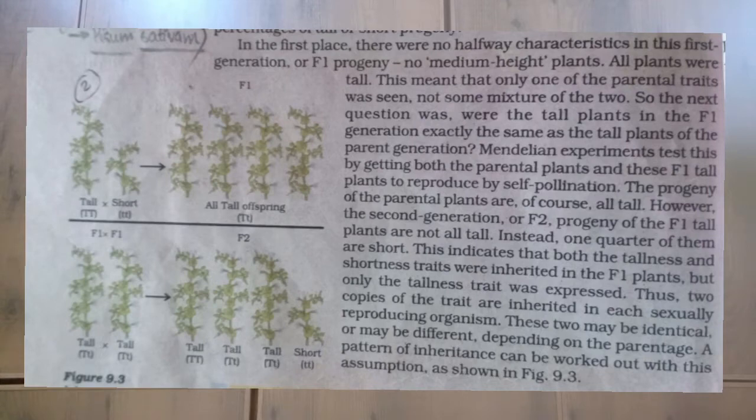These 2 may be identical or may be different depending on the parentage. A pattern of inheritance can be worked out with this assumption as shown in figure 9.3. Now students, let us understand figure 9.3.